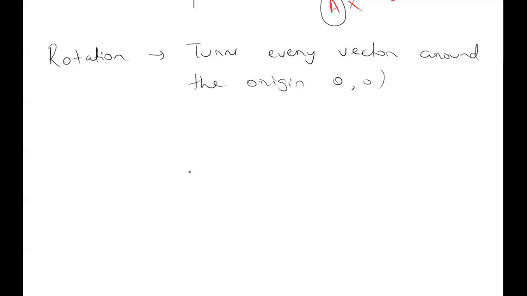In simple terms, rotation means it turns every vector around the origin (0, 0) by some angle.